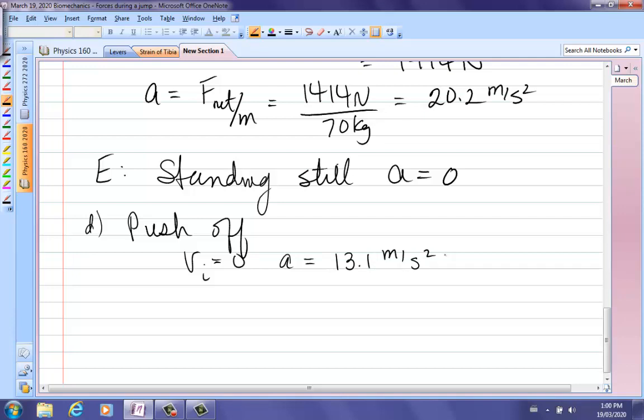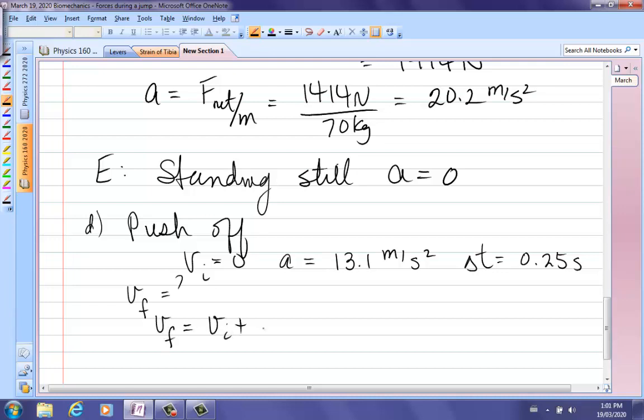It's 13.1. We have the time from the graph. You push off for 0.25 seconds only, so it's a quick push off. And we want to know just what is your launch speed, or what is your final velocity after you push. Okay, so this is just straightforward kinematics.